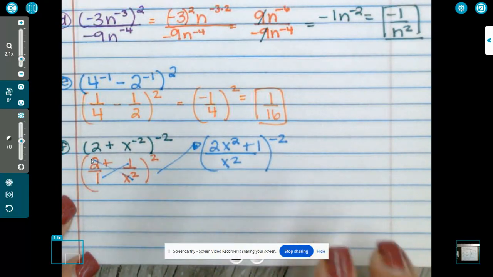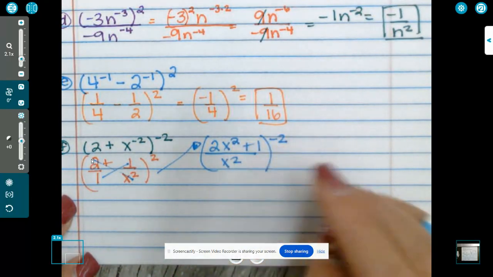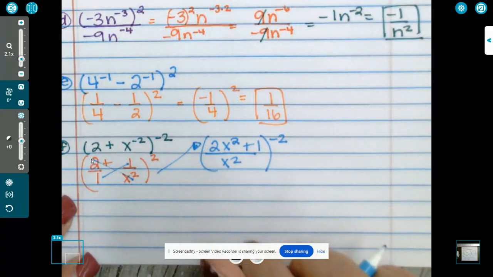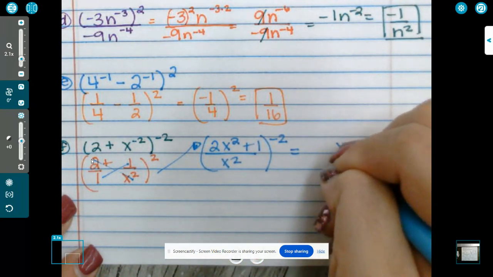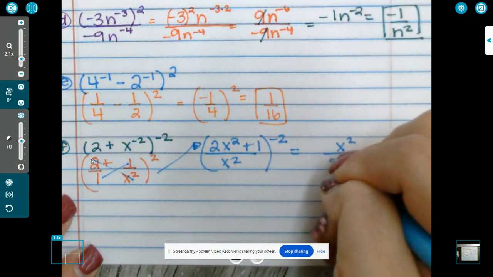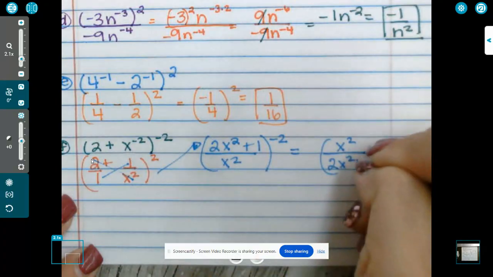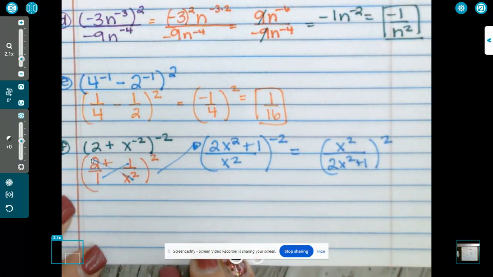Okay, well, if it's raised to the negative 2 power, really it's just the positive 2 power if I flip it upside down. So I can flip my fraction here and put x squared on the top and 2x squared plus 1 on the bottom, and now I'm just squaring it.